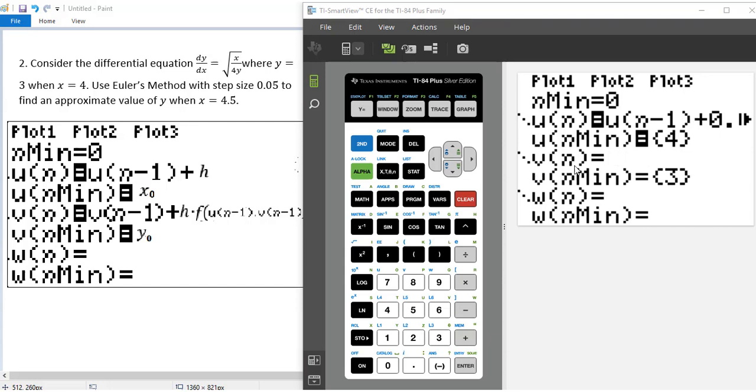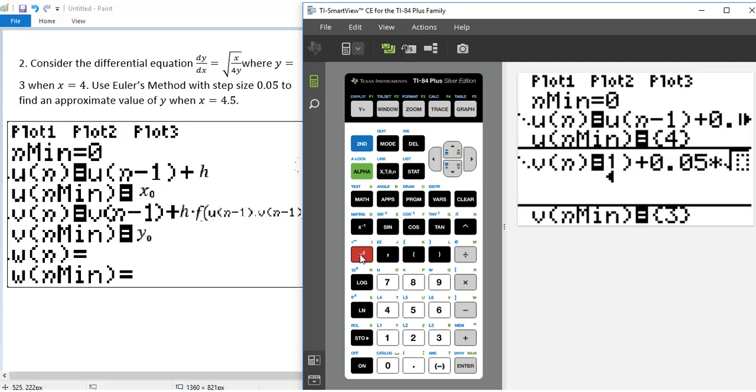For v sub n equals, we've got to use this formula. So we have a second v parenthesis n minus 1 plus 0.05, that's the step size, times. We've got to use this formula. So we do second x squared, that's a square root.